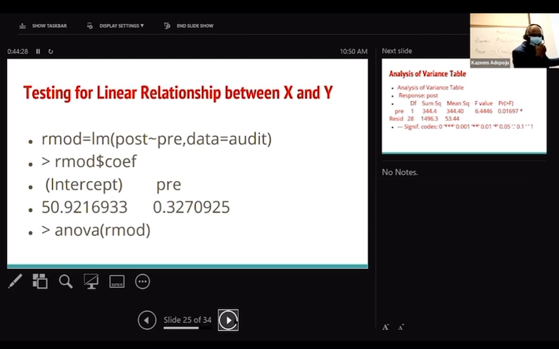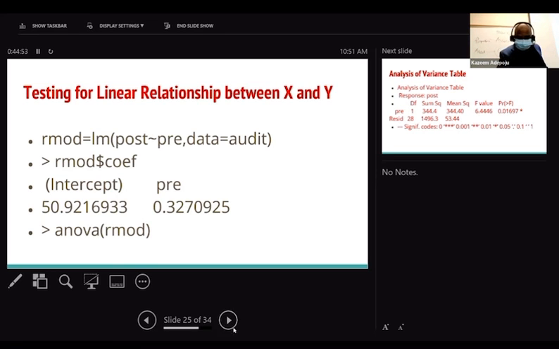Take a look at this. What did we just say? Before we can incorporate a covariate in analysis of variance, that covariate must be significant. Now, post is the response. Pre is the covariate, the quantitative covariate.